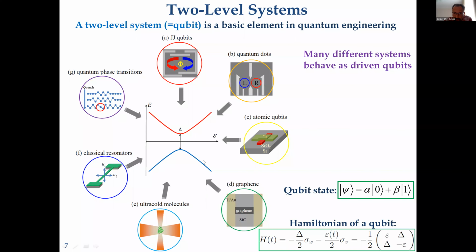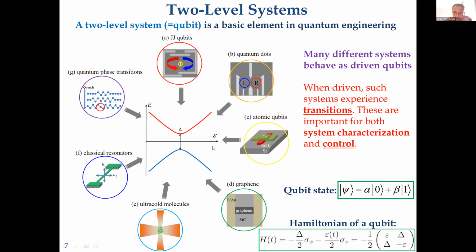Here Delta, look at this energy diagram, is the minimal distance between the ground and excited energy, and epsilon is the driving parameter, the parameter which changes the energy distance. If such a system is driven here and there, it experiences transitions. And these are important for the characterization of the system and for its control.